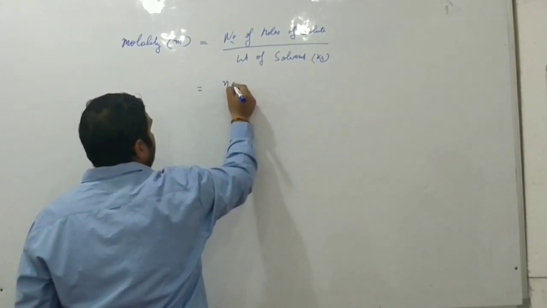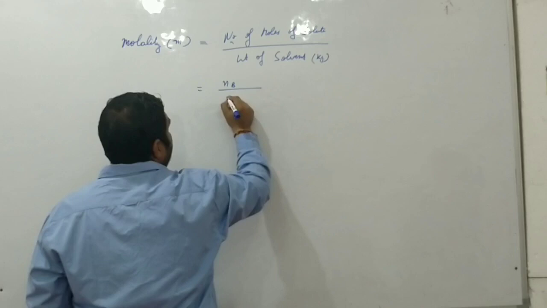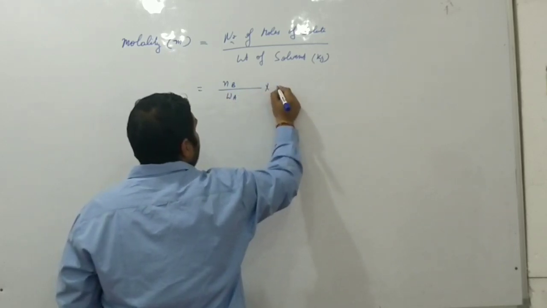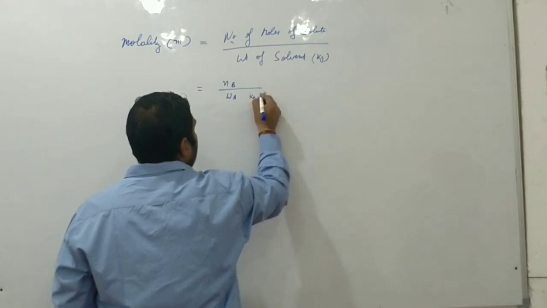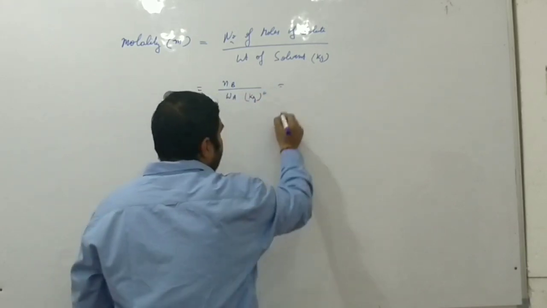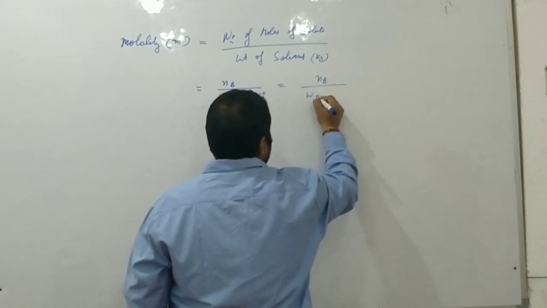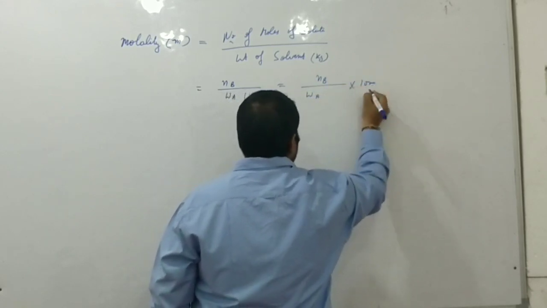So number of moles of solute NB, weight of solvent, that is WA, in kg. And if you want to convert it into grams, then it can be NB over WA into 1000.